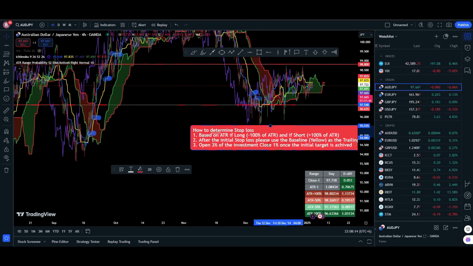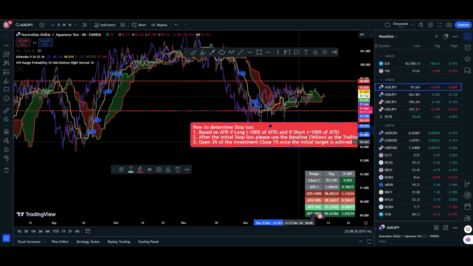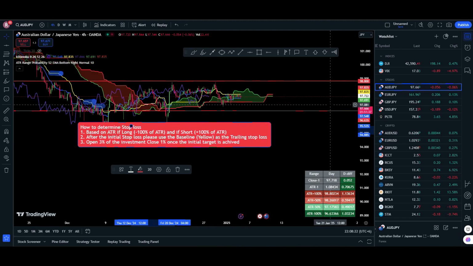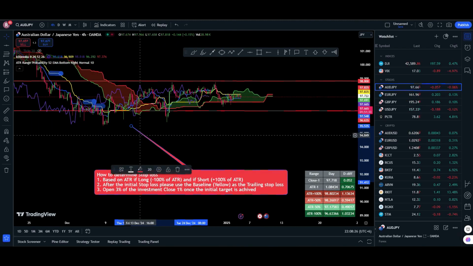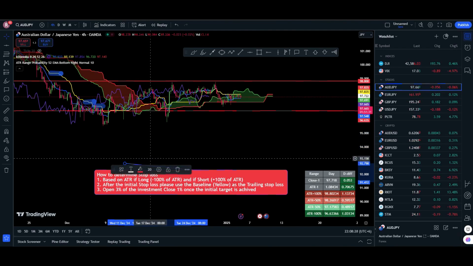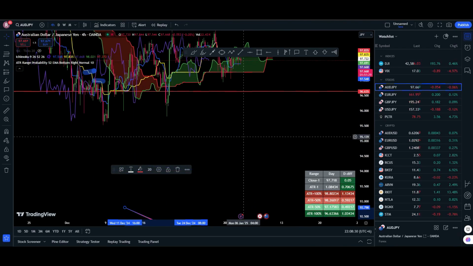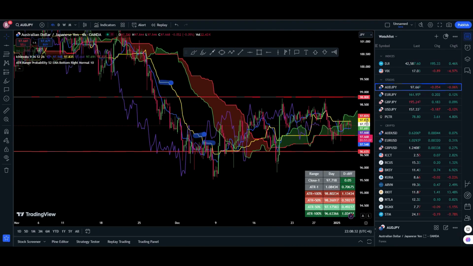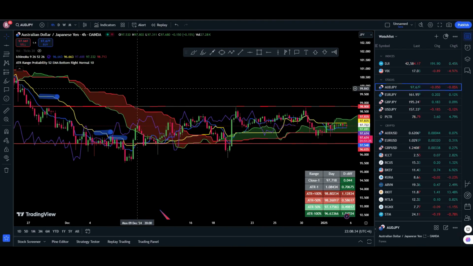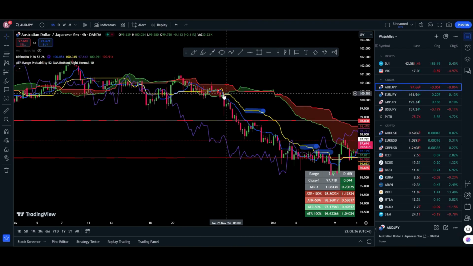Now what does that mean? Normally what we do, let me increase the size of the whole chart so I can explain it better for you guys. Here we can see that the price came down, breaking below the cloud.